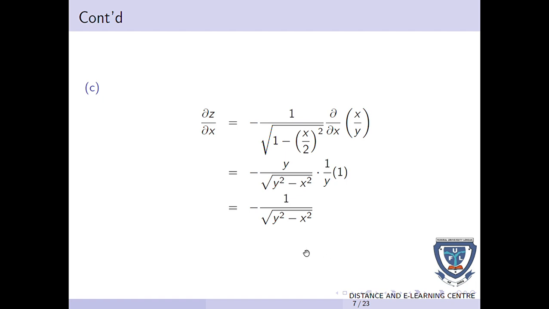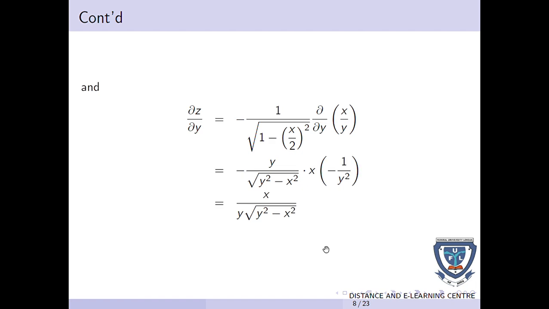Let's look at C, partial z partial x. It's going to give us minus 1 over square root of 1 minus x over y all squared, times partial of x over y. And when you take the derivative, you're going to have minus 1 over square root of y squared minus x squared.